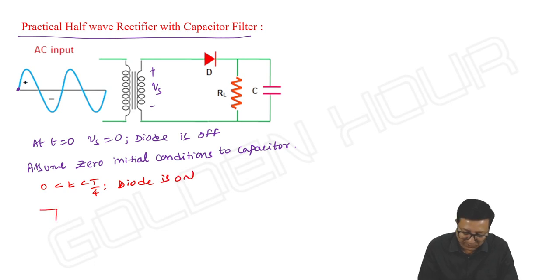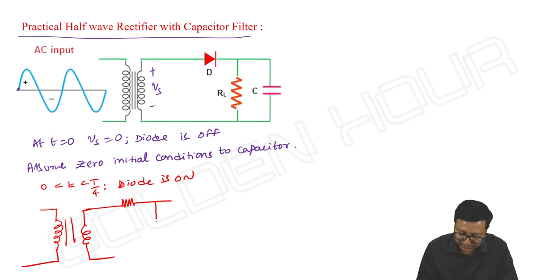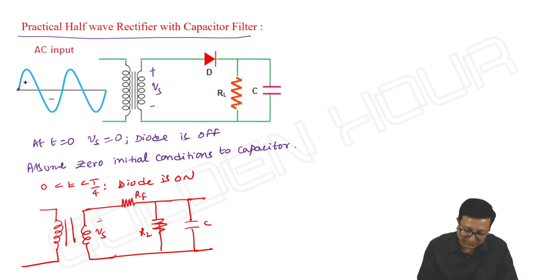Once the diode is on, what is the equivalent circuit? Almost the diode acts as a short circuit. Practically, it offers a very small resistance, the diode forward resistance.